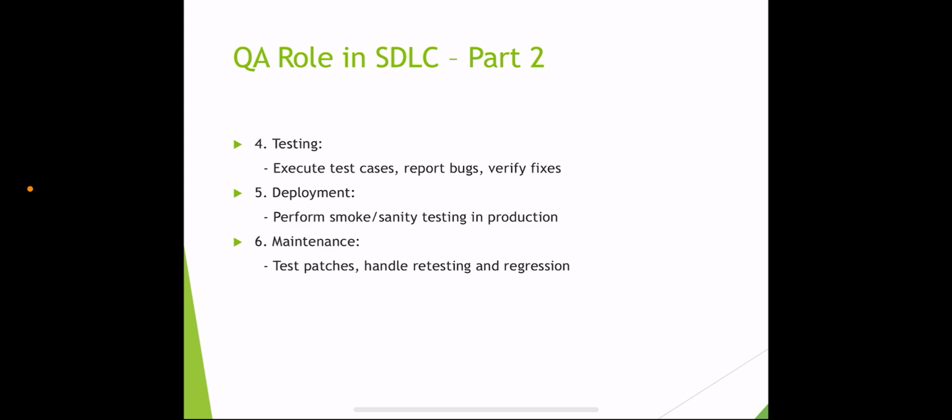We will do proper retesting and regression testing, meaning checking the bug's impacted area, as well as checking the patches. If there are multiple bugs, we check the multiple patches, meaning we check whether that particular functional area is working according to our requirement or not.